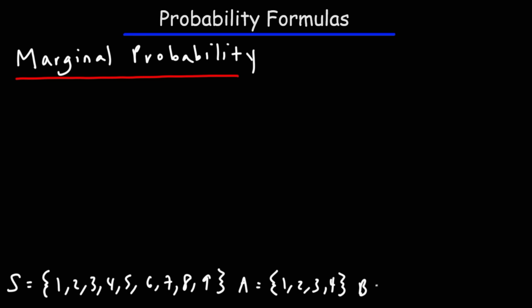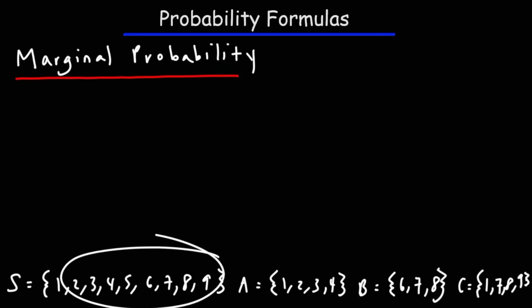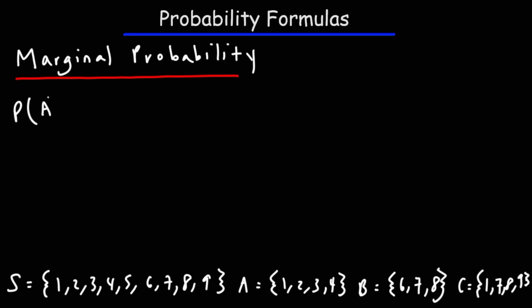And let's say event B represents getting the outcomes 6, 7, and 8. And as for event C, we're going to say it corresponds to the numbers 1, 7, 8, and 9. So, given this sample space, what is the probability of event A occurring?